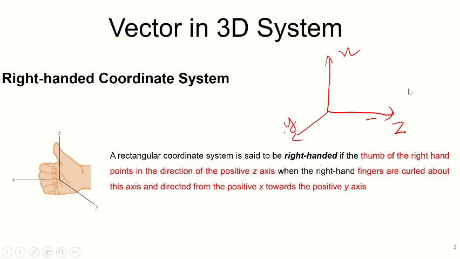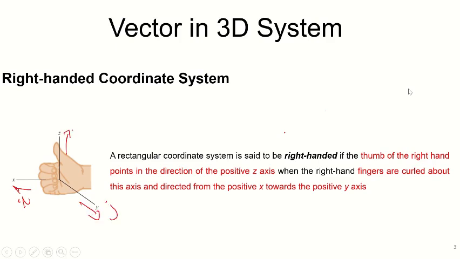In our two-dimensional system, we had two unit vectors, i and j. Here we have three unit vectors. For the x direction we have unit vector i, for the y direction unit vector j, and for the z direction unit vector k.